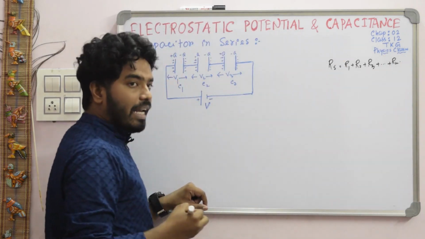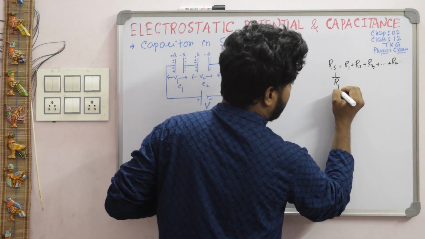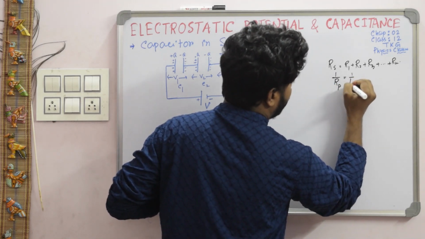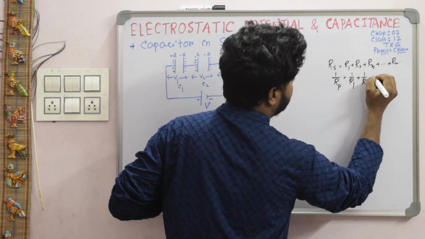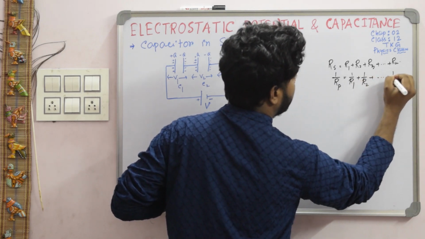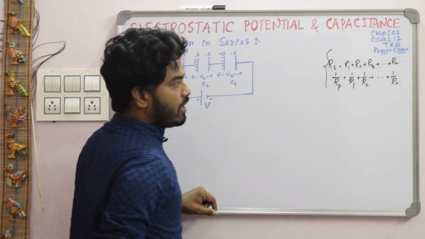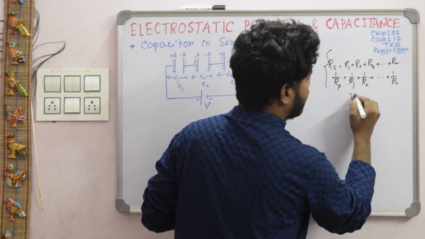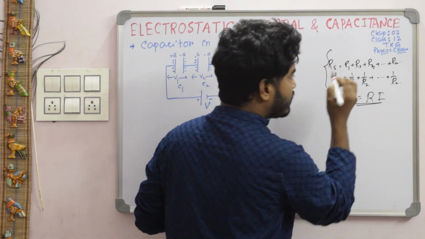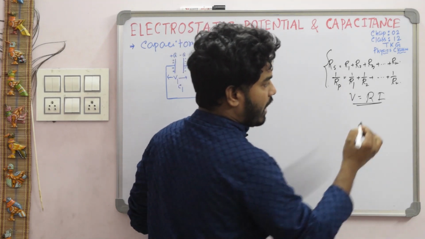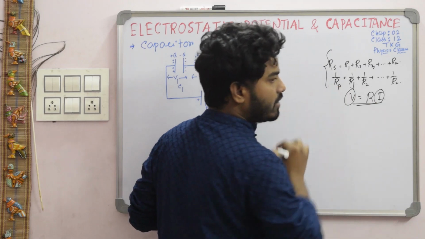And for parallel combination, 1 by Rp is equal to 1 by R1 plus 1 by R2 up to 1 by Rn. And for calculating this formula, we use one important formula, that is V is equal to Ri, Ohm's law. For series combination, the current I is equal, and for parallel combination, voltage is equal.